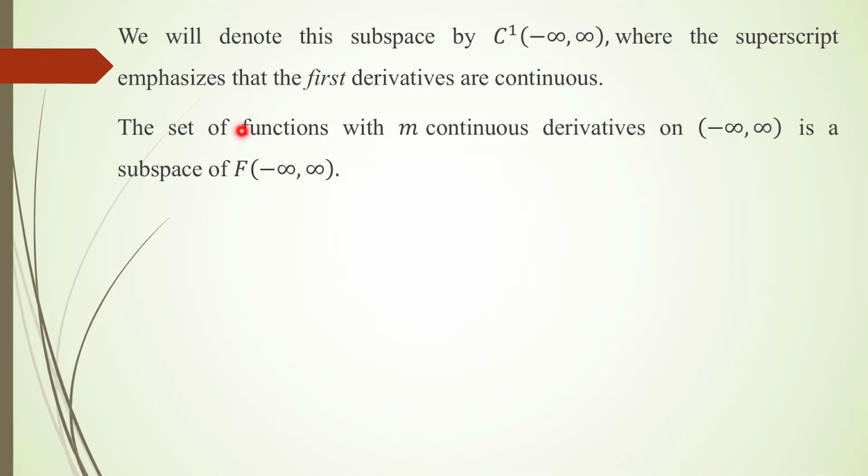Now, the set of all functions with m continuous derivatives on the open interval (-∞, ∞) is also a subspace of F(-∞, ∞). Suppose f is a function from (-∞, ∞) to R, and we are considering the first m derivatives of f: f prime, f double prime, f triple prime, and so on, up to f^(m), the mth derivative of f.